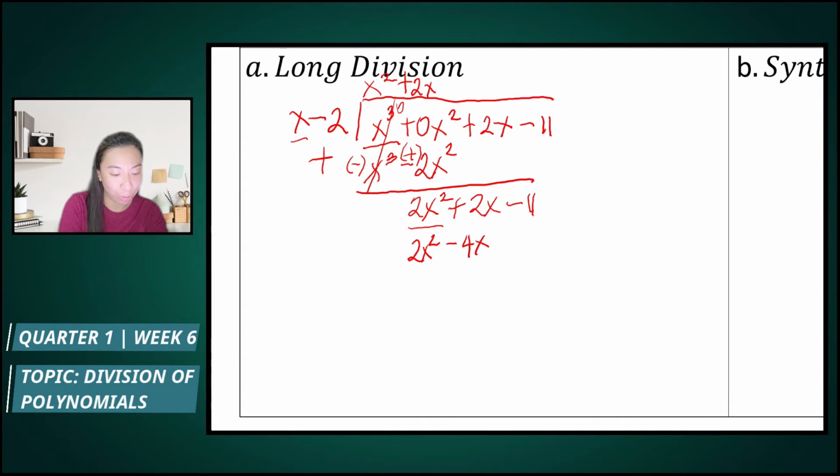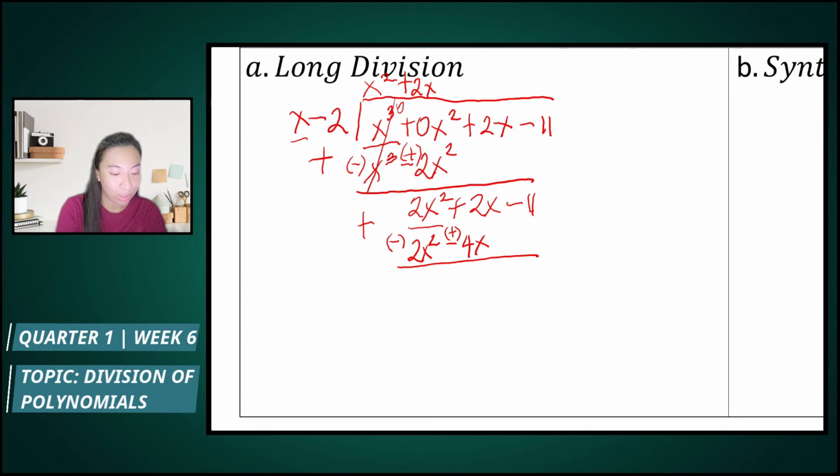After that, we are going to subtract. Again, the rule is to change the sign of the subtrahend. So positive 2x squared will become negative 2x squared, and then negative 4x becomes positive 4x. And then proceed to addition.